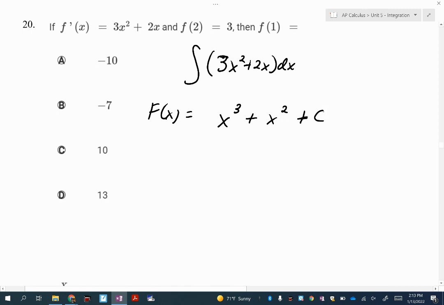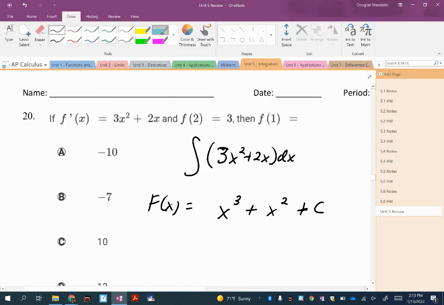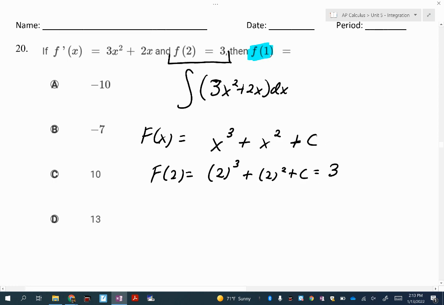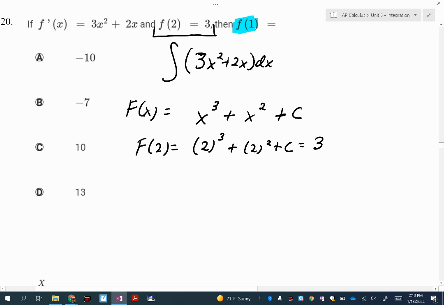All right, but here's the deal. Normally I don't write plus c, but it's telling me to evaluate this original function, the f of 1. So I am going to use this information here that if I were to plug in 2 to this function, so 2 cubed plus 2 squared plus c, I would get 3. So I'm going to solve for c. So that's 8 plus 4 is 12 plus c equals 3.